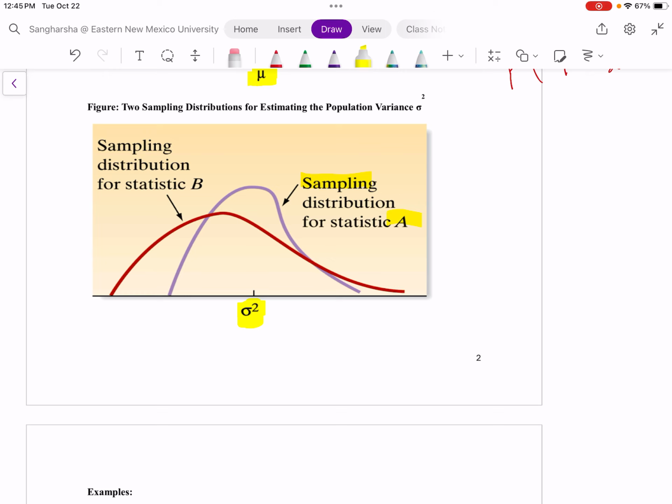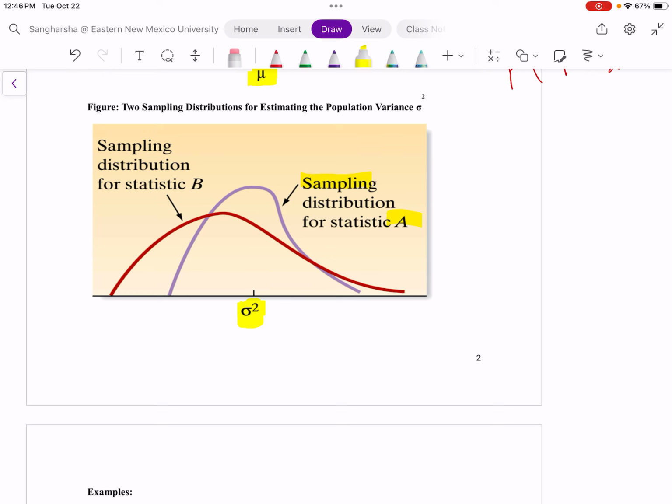But is this sigma square at the center for this red graph? No, right? So if we have a statistic with less spread, and the parameter is at the center, then we use that kind of statistic, that kind of sampling distribution, to make an inference here, to find the correct statistic.